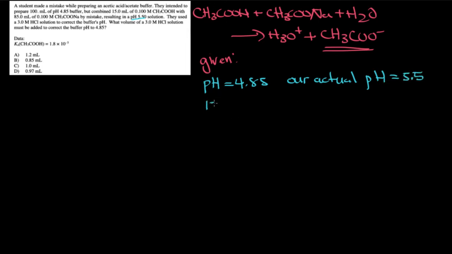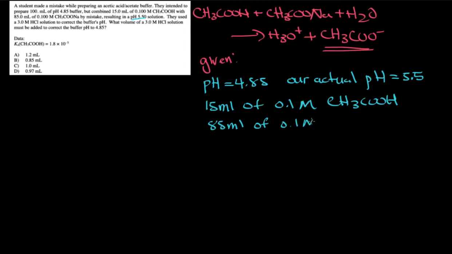We have 15 milliliters of 0.1 molar acetic acid. We have 85 milliliters of 0.1 molar acetate, or CH3COONa. And this can be like any metal. And we have 3 molar HCl to correct our mistake.